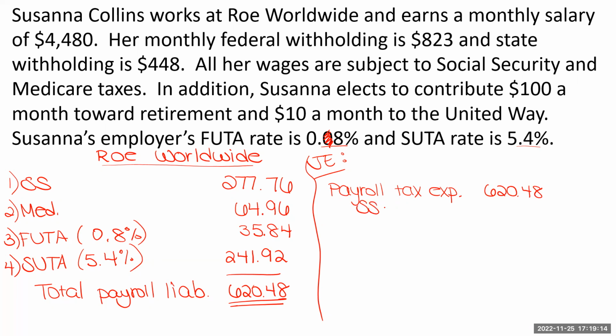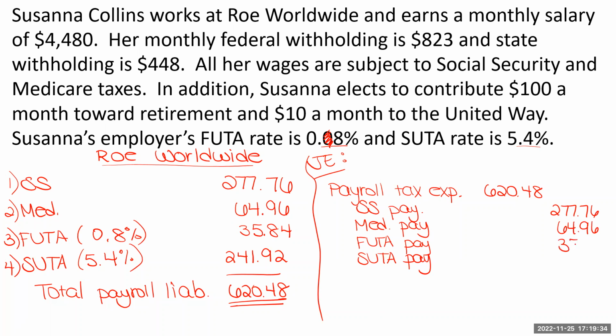And then these are all liabilities: Social Security payable, Medicare payable, etc., FUTA payable and SUTA payable. Just copy over all your calculations that you've done. Okay, and then an explanation.